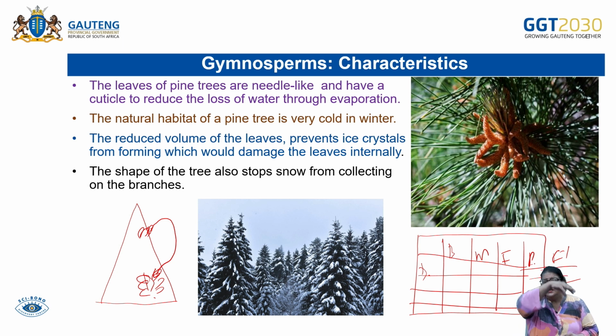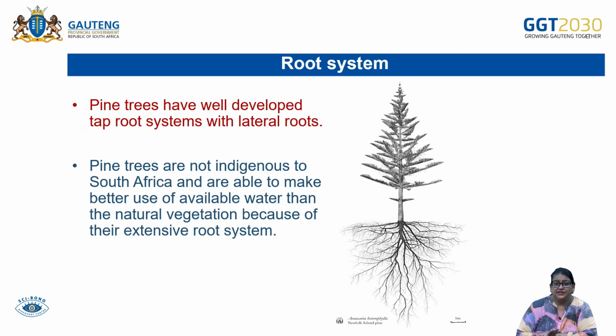Some pollen may fly off and go onto the ground, it may wash off into the rivers, or it may just get lost in the wind, and some will never reach the female cone. So if pollen is produced in copious amounts, at least some is going to land on the female cone with the ovule, and this increases the chances of fertilization. A very important question that can be asked in the exams.